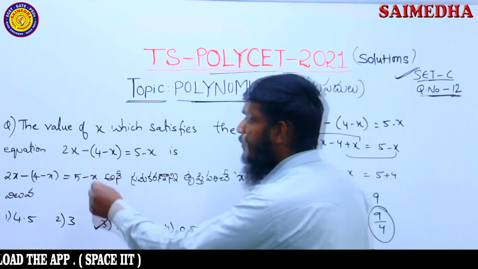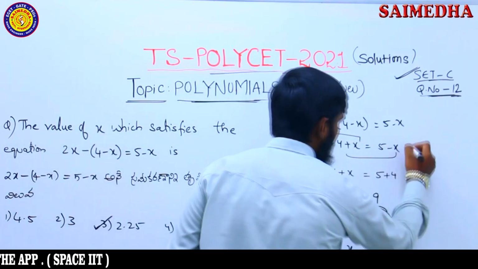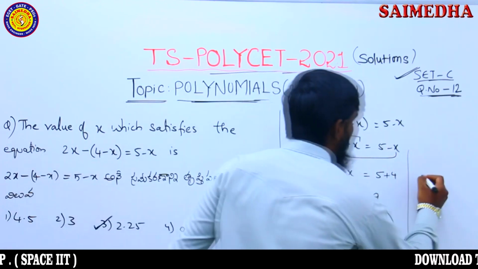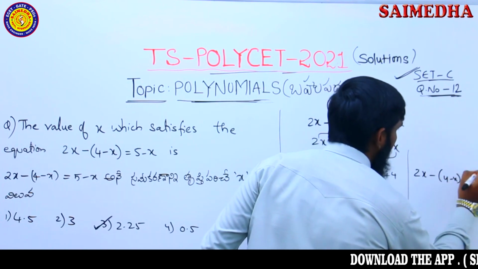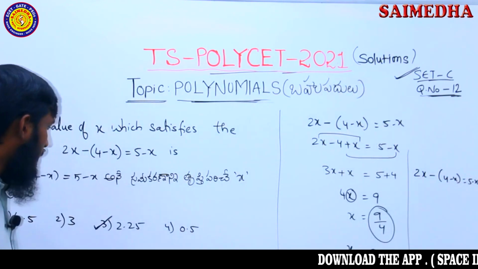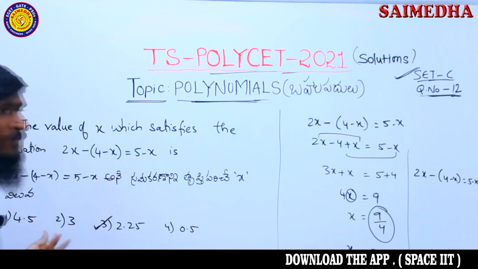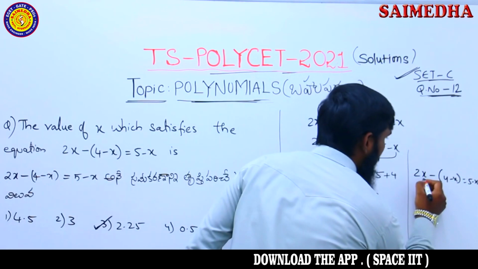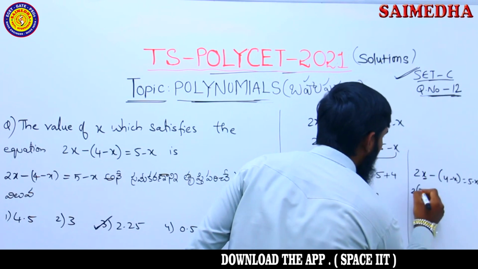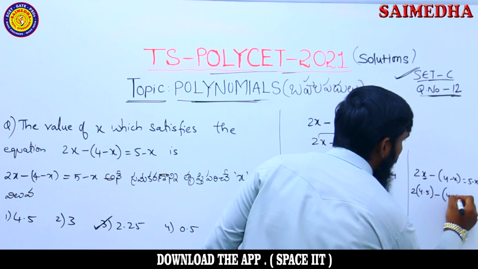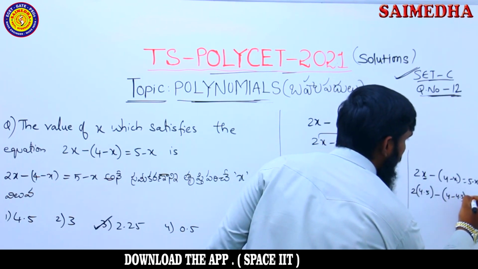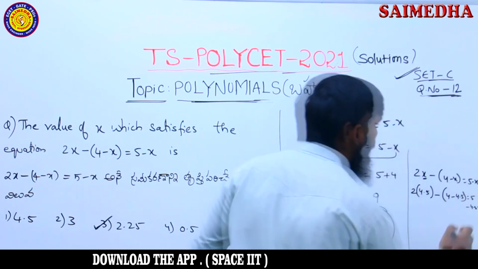So the equation 2x minus 4 minus x equals 5 minus x becomes 2 into 4.5 minus 4 minus 4.5 equals 5 minus 4.5.